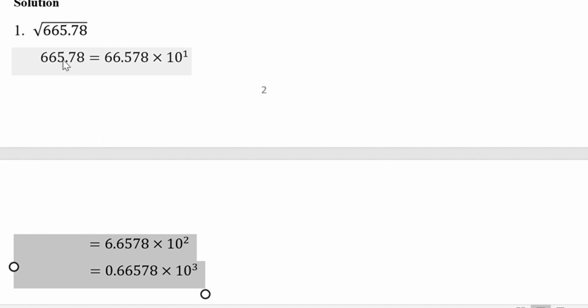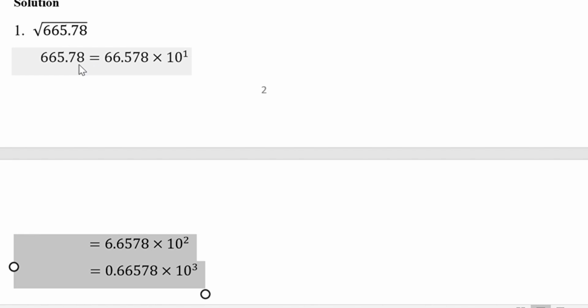We can even move it further up to here. In that case, we shall have 0.66578 times 10 raised to power 3. Now, amongst these three, only one of them satisfies the condition that we have.